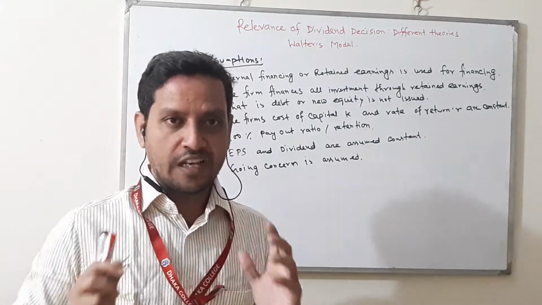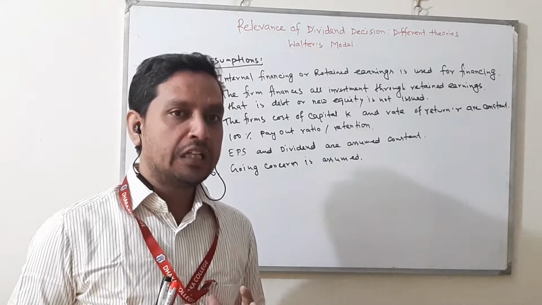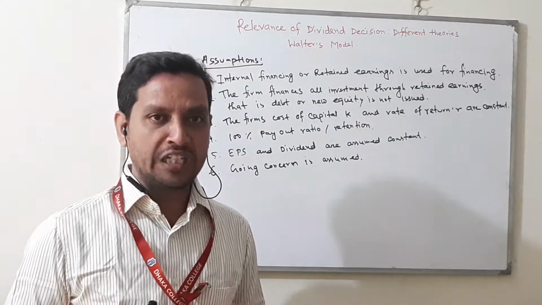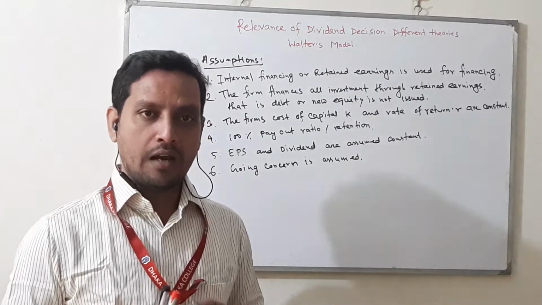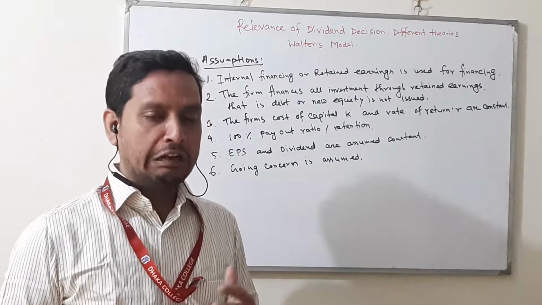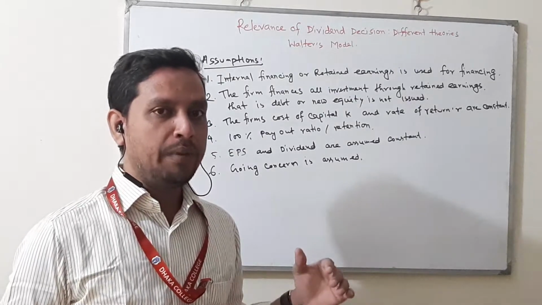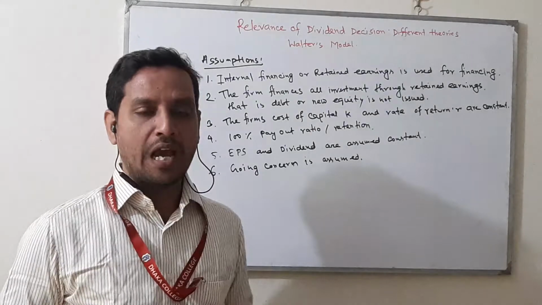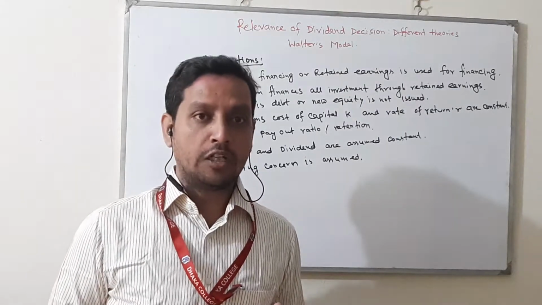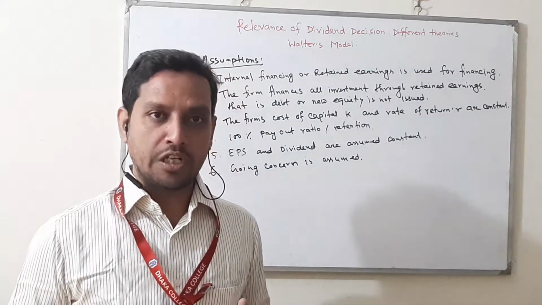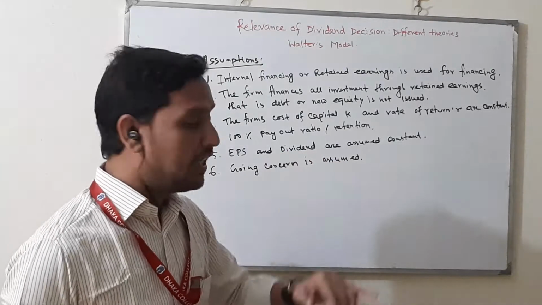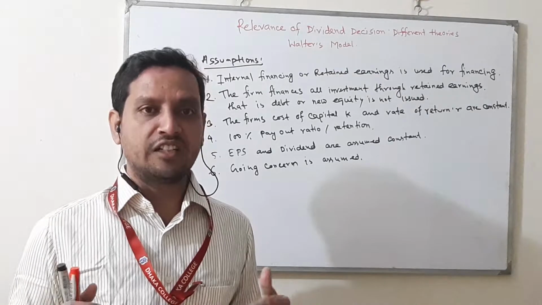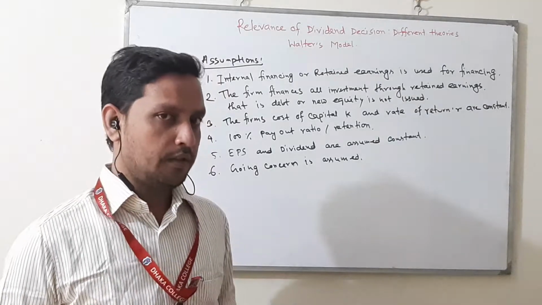Five, EPS and dividend are assumed constant. Here we should say beginning EPS, beginning earning per share, and beginning DPS are constant, but ending EPS or DPS, dividend per share, may change. But at the beginning, earnings per share and dividend must be constant.